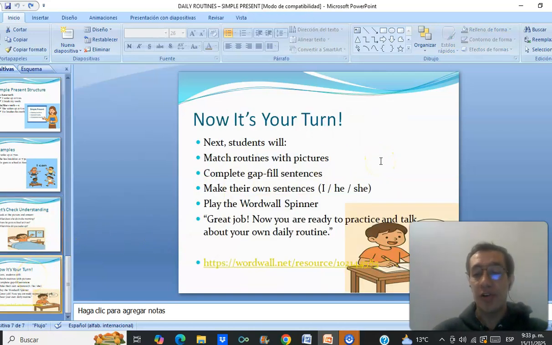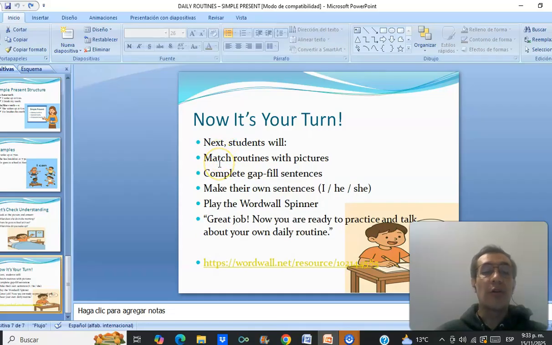Now it's your turn. You are going to start using the verbs in the way that I was doing it. Also, you are going to talk with your classmate about the routines, what you do every day. You are also gonna then provide a little bit about the information that your classmate let you know.